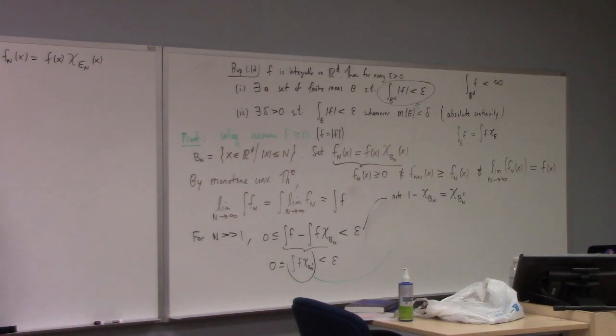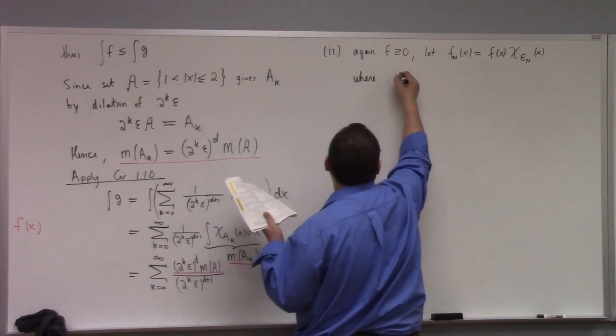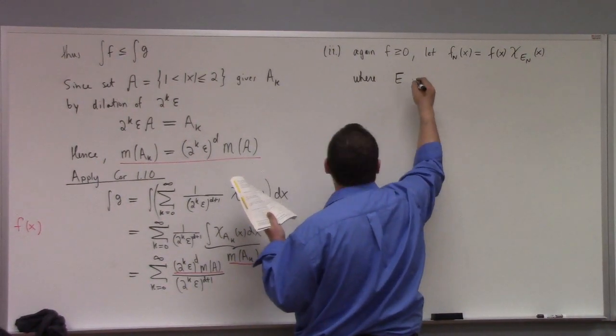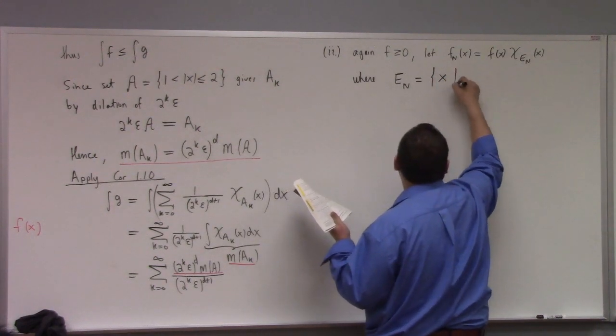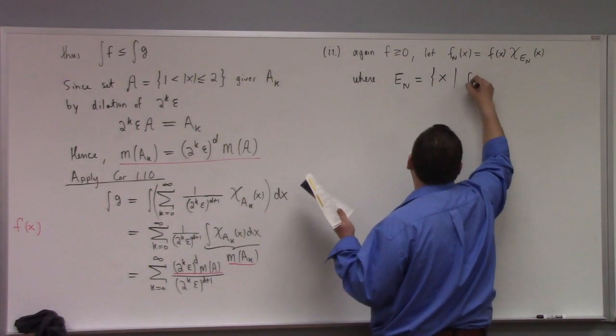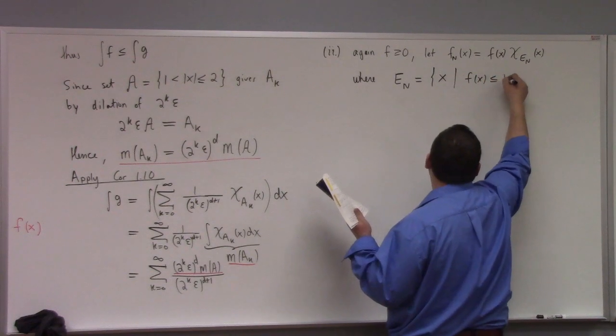But this time, En is a little bit different. En is the set of x such that f of x is less than or equal to n.